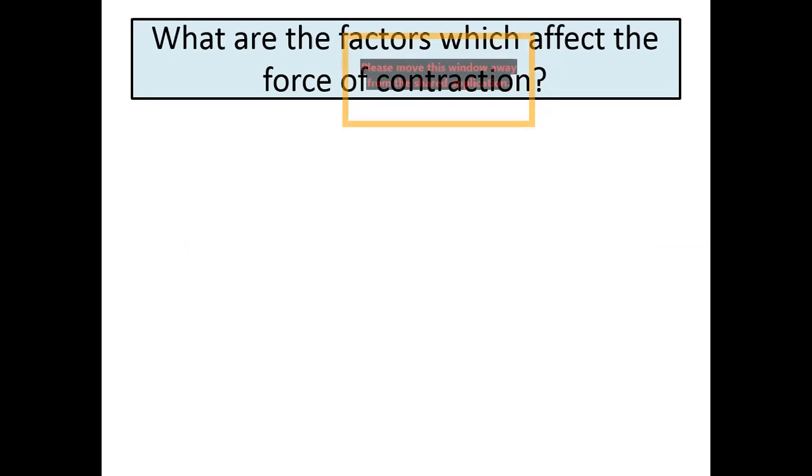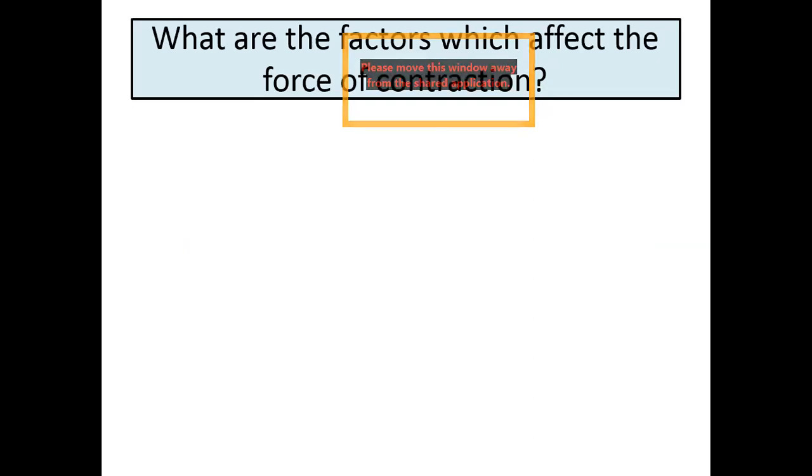We can alter the force of contraction, meaning we can change the tension developed in the muscle. What are the factors which can change the force of contraction in the skeletal muscle?